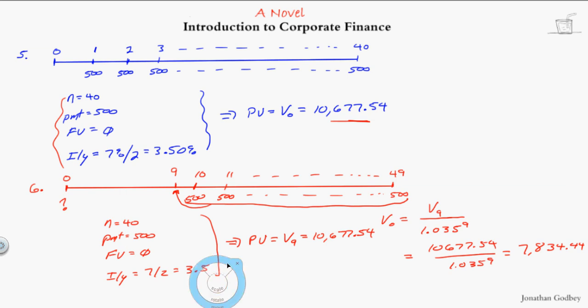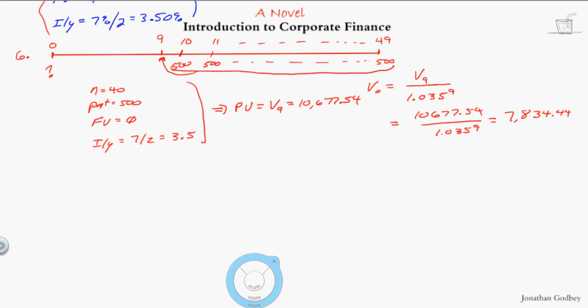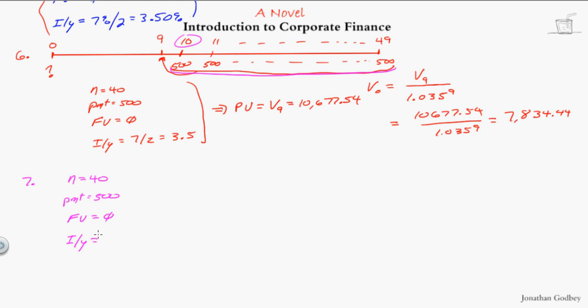Okay, now we'll work number 7. I'm not going to redraw the timeline because it's the exact same timeline. In number 7, it says that we're going to have the same payments, $500 every 6 months, starting in period 10, going for 20 years. So N is equal to 40, payment is equal to 500, future value is equal to 0. It's the same payout rule, but here in number 7 we're going to say the interest rate is equal to 9%.